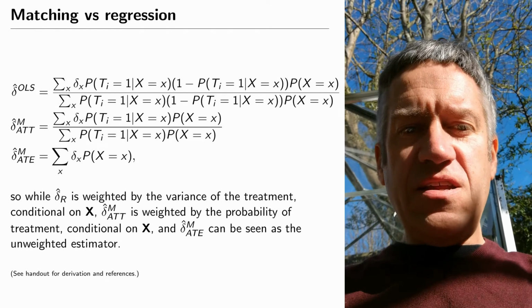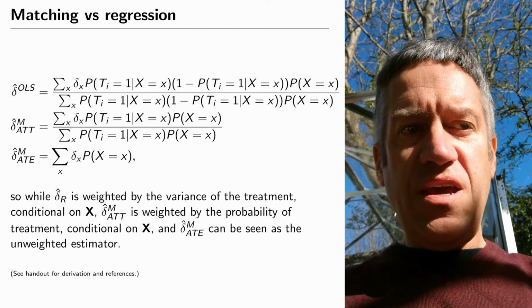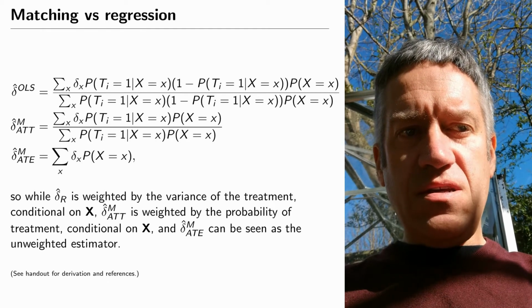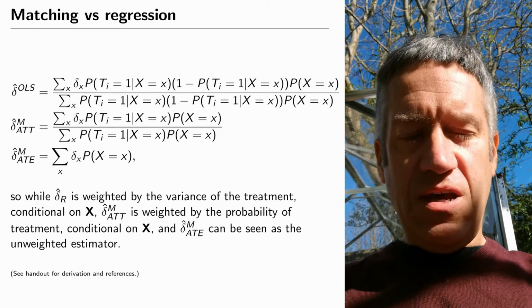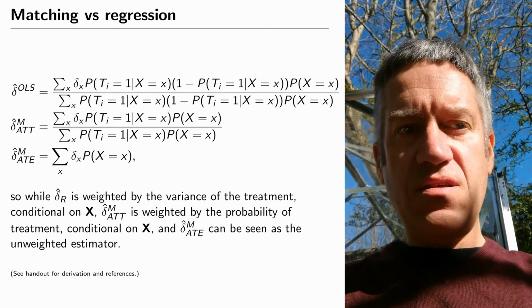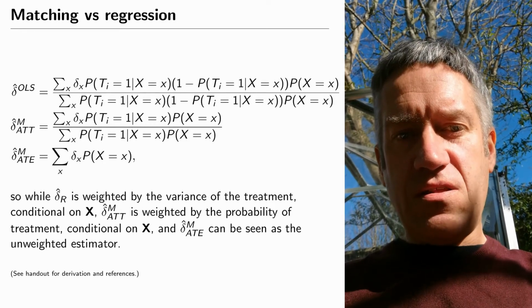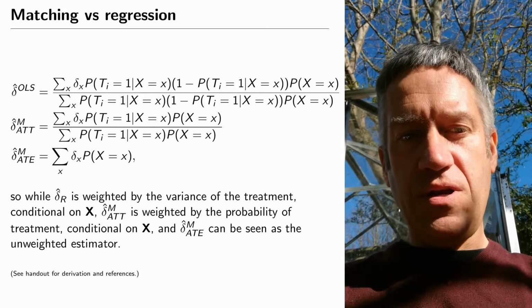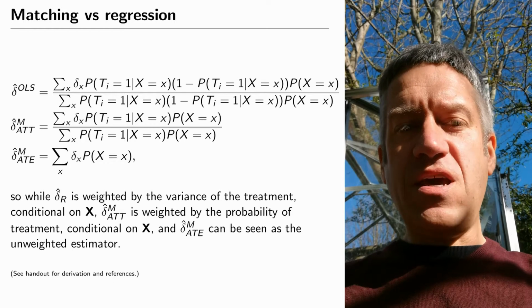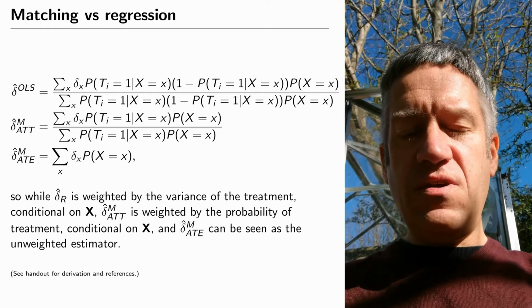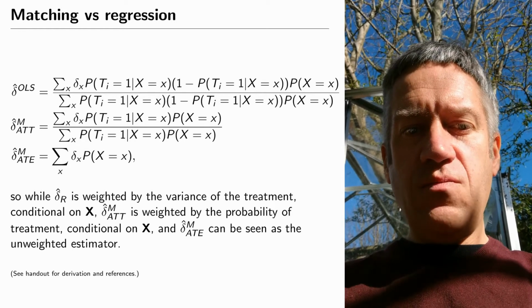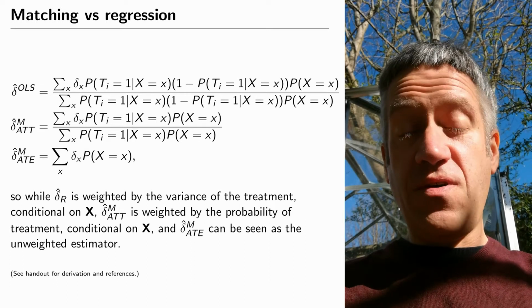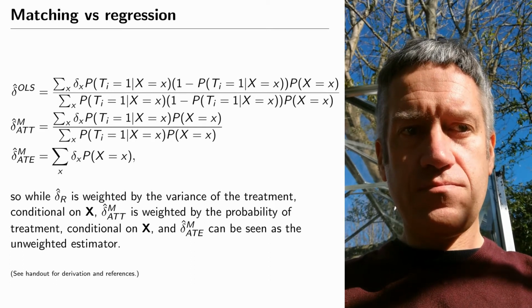So we can then see these as sort of weighted estimates. If we take the overall matching estimator, the last one, of the average treatment effect, then that is really the unweighted estimator, the proper average treatment effect in the population. If we look at the average treatment effect on the treated, we're looking at the average treatment effect, but we weight it by the probability of having the treatment in the first place.